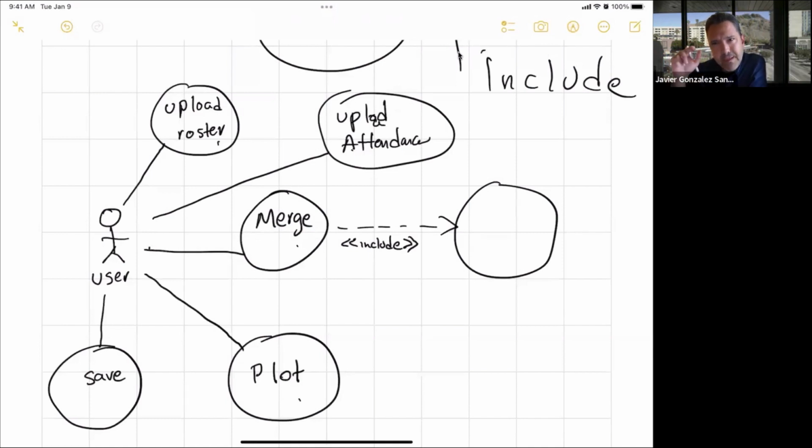Now, tell me, if I remember correctly, the user wants to upload the roster. The user wants to save. The user wants to load. The user wants to load the attendance, but is there any option in the menu or something for the user to ask to do the merge of the information? Do you remember if this user is triggering or asking for the merge?